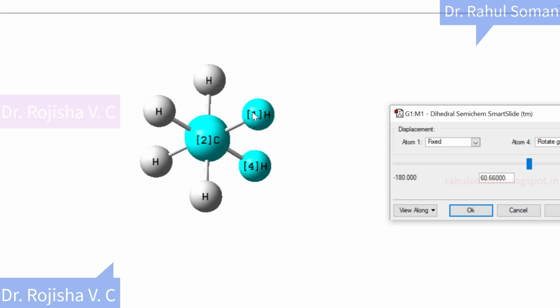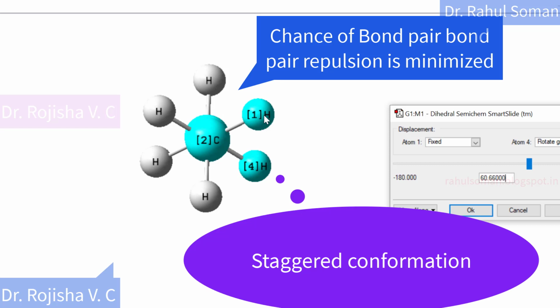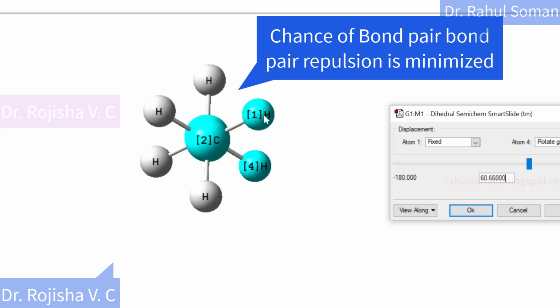Not totally free, there will definitely be some repulsion, but it will be very less at 60, because this is the staggered conformation. Staggered conformation means the substituents of the back carbon come in between the substituents on the front carbon.